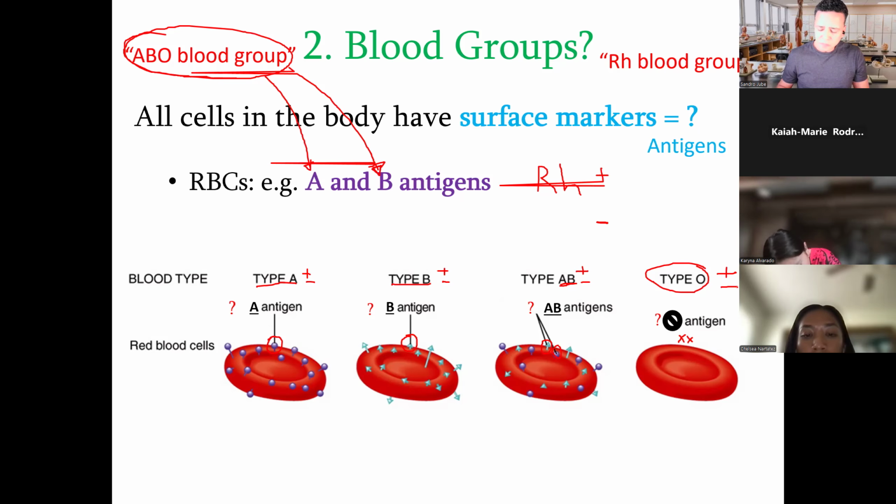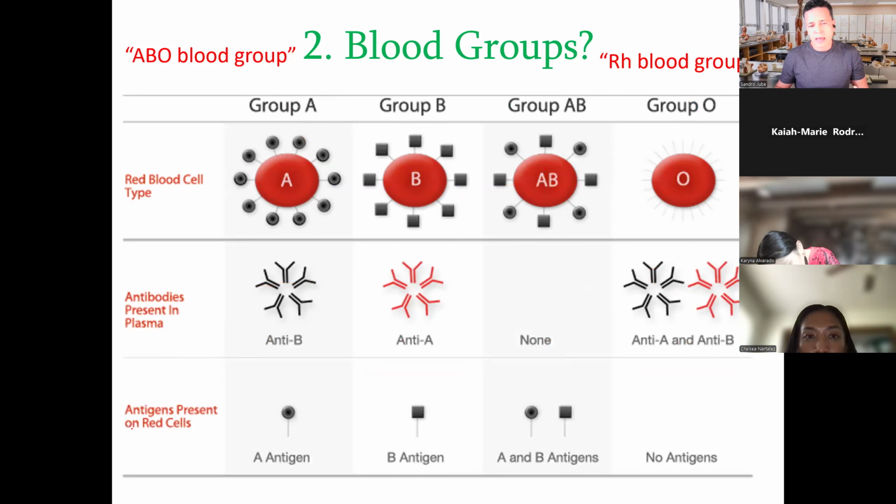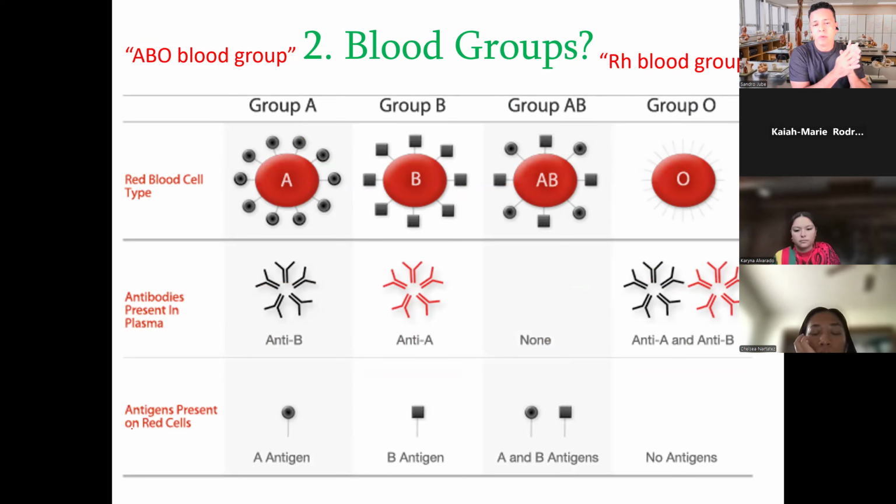Okay? Now, when we talk about the blood group type and blood transfusion, and this is what gets a lot of students and they have a hard time understanding, is that not only do we need to worry about the antigen on the surface of the red blood cell, but we also need to be mindful of the antibody in the plasma of that individual.